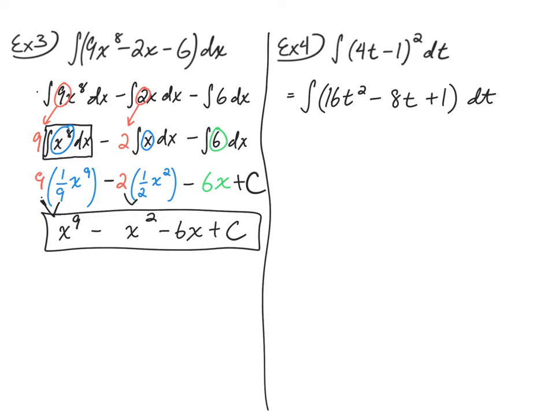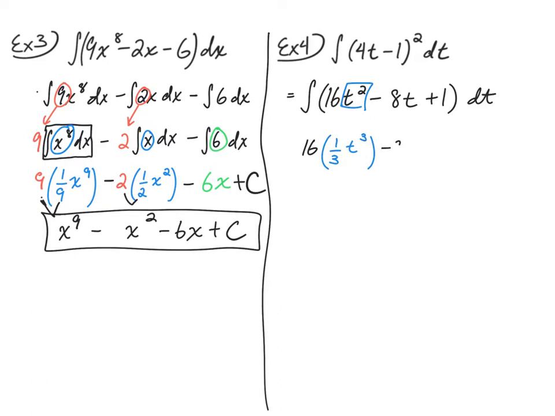Now, I mentioned just a few seconds ago that I'm not going to go through all these steps again. What we can do is once we have all of our terms, we can just jump right into antidifferentiating here. So I have 16 times, the only thing we're antidifferentiating is the variable at this point. So I will add 1 to the exponent and then multiply by the reciprocal of the new power.